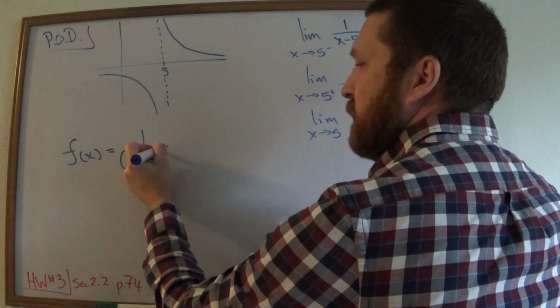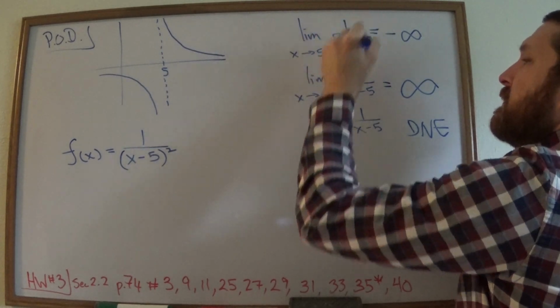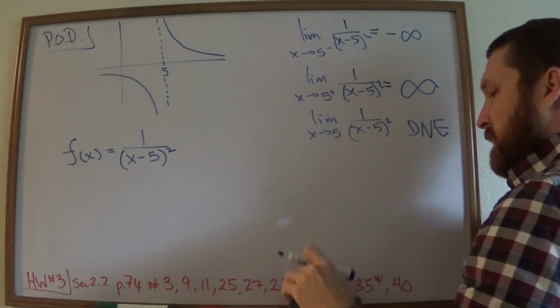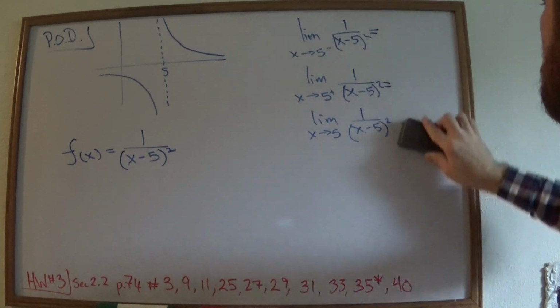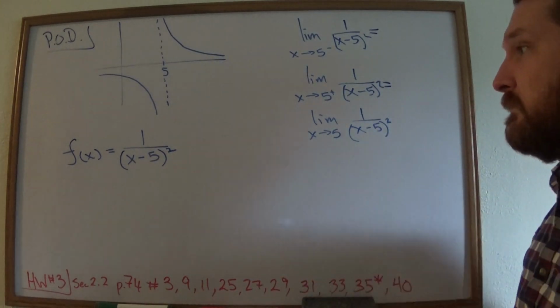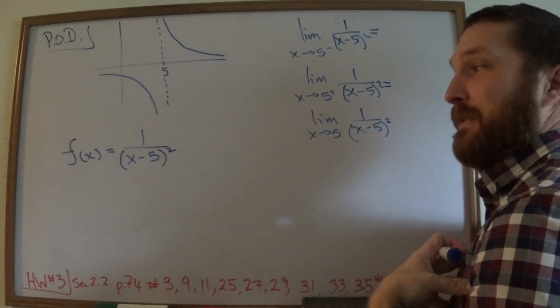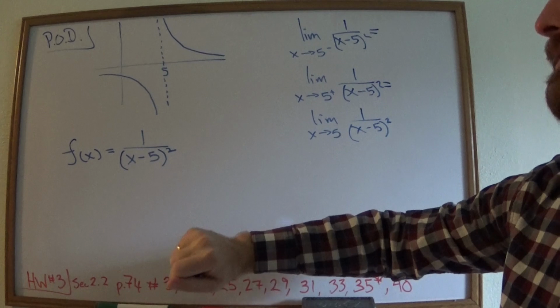But let's say we did this. What if f of x were this? And so in this case, let's see what happens. Let's go back to the beginning. The first thing I'm going to do is figure out what this graph looks like. This is not the right graph here.